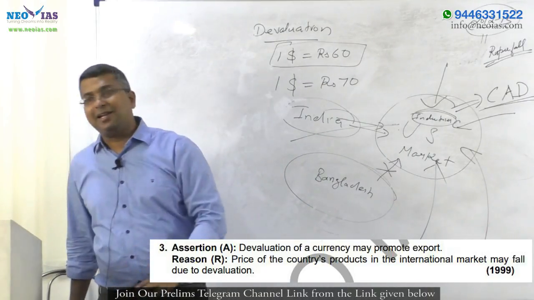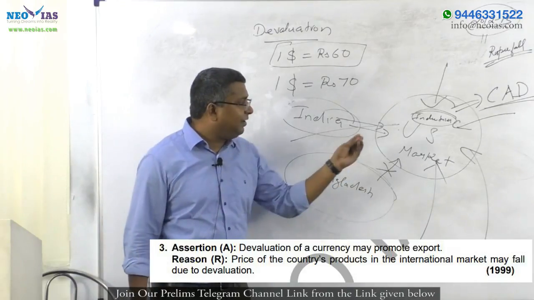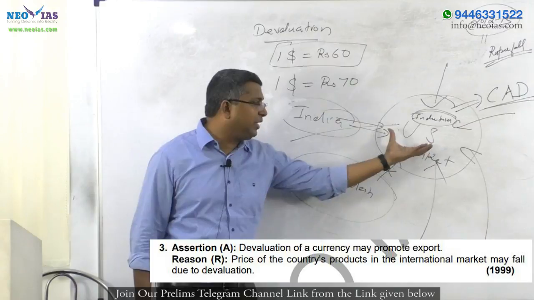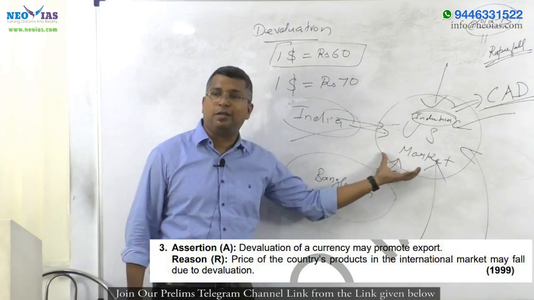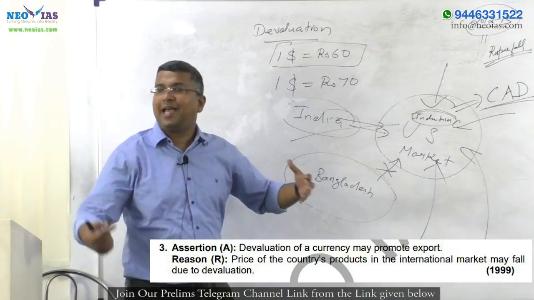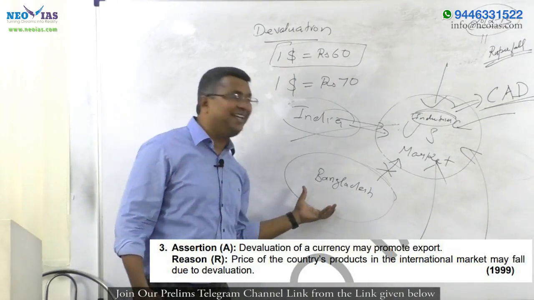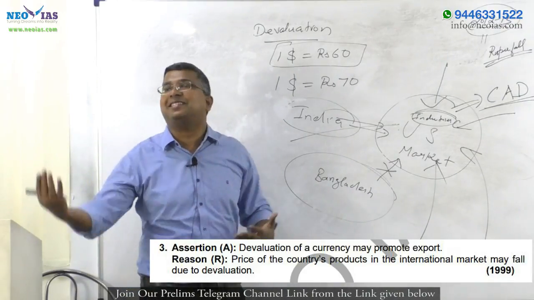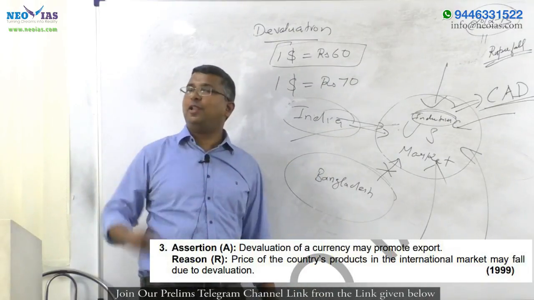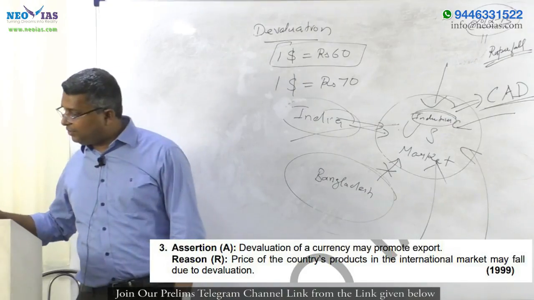So what has China done now? When the US government increased the import duty on Chinese products, in order to counter that, China has devalued its currency. So the effect is the same. The rise in import duty is countered by devaluing its own currency. That's even mentioned in your material also.